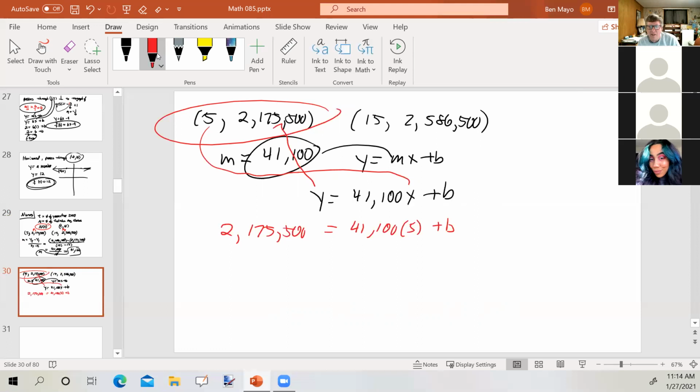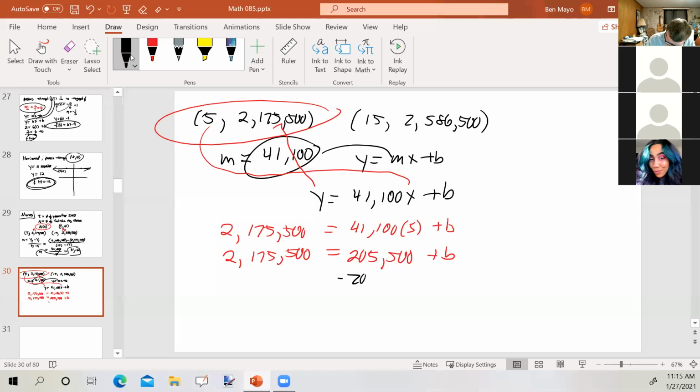I'm doing the same thing I did earlier with a problem where we had two ordered pairs. 2,175,500 equals, if we take 41,100 times 5, we get 205,500 plus b. We're going to subtract 205,500 from both sides.